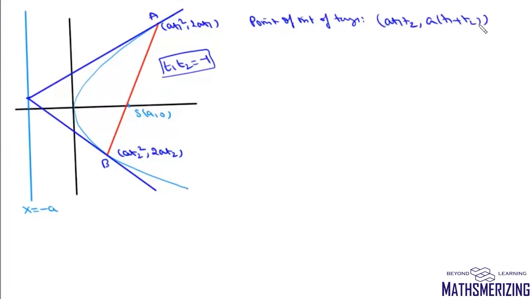So we know that alpha plus pi by 2 is equal to beta. So we can write beta as pi by 2 plus alpha. So we can write L2 as 4a cosec square (pi by 2 plus alpha), which is 4a secant square alpha. So that's your length L2 of the focal chord.